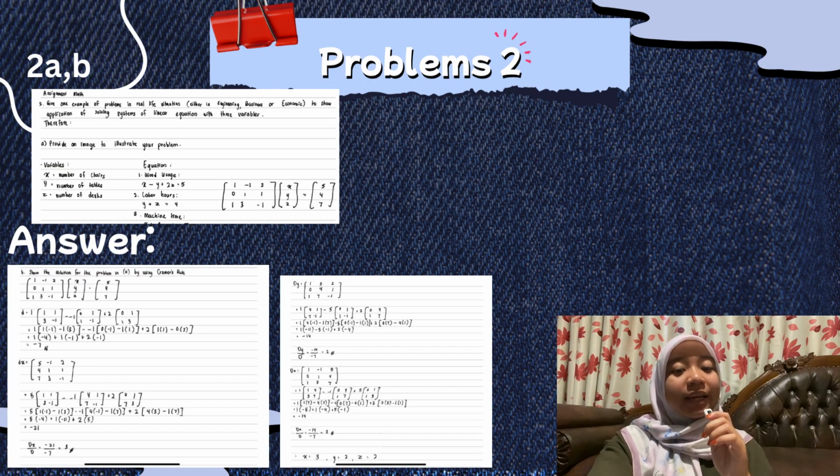And you will get the final answer: x equals 3, y equals 2, and z equals 2. This means the factory should produce 3 chairs, 2 tables, and 2 desks to meet all the requirements for wood, labor, and machine time.